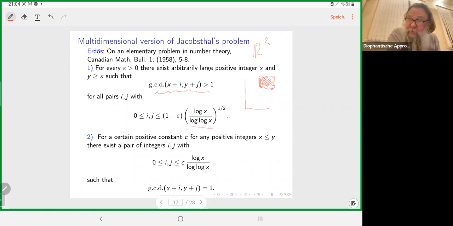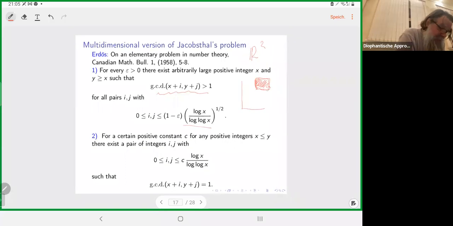And the second theorem, which deals with rather simple sieving, says that if the square is large enough, then there is a primitive point in the square. As far as I know, no modern improvements of these Erdős results were obtained.